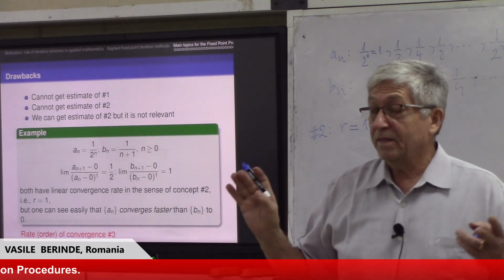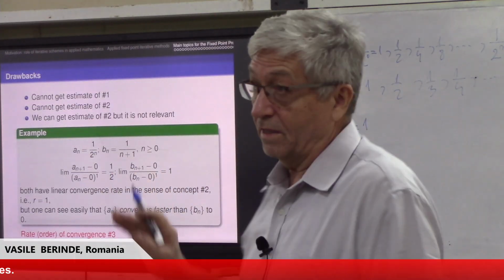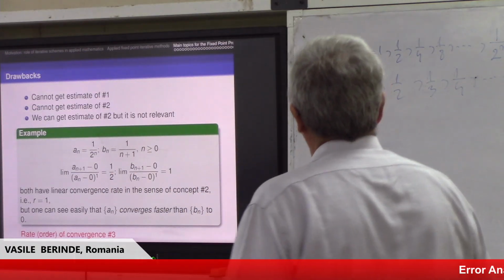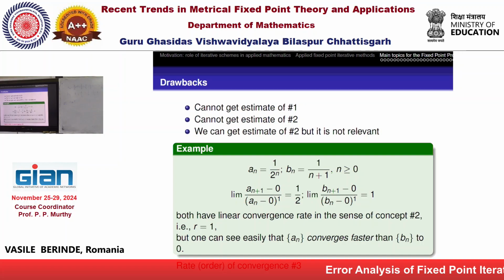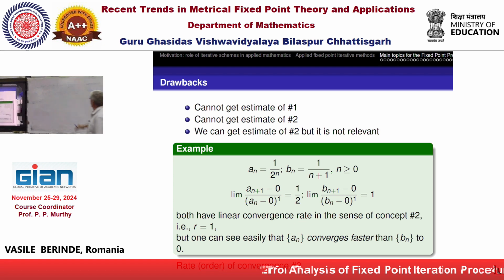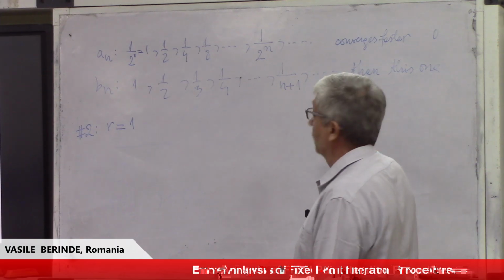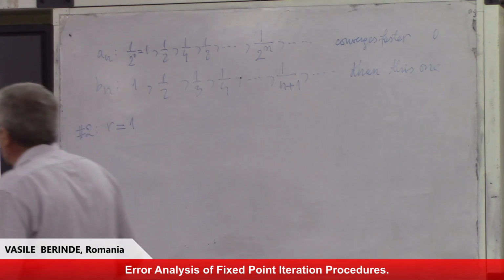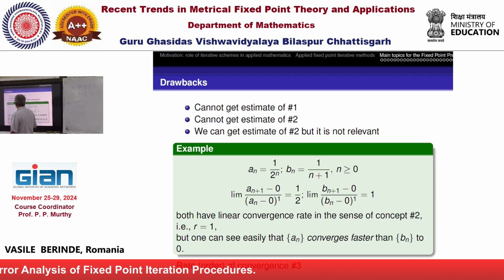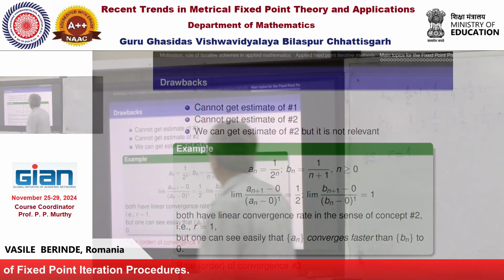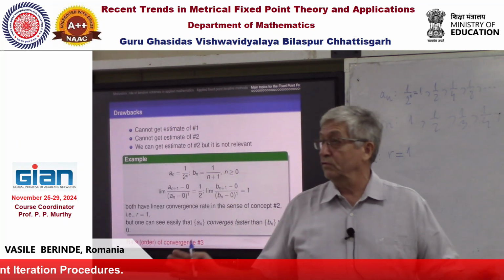But they exhibit different speed of convergence. This is clear for any child: this will go more rapidly to 0 than this one, which goes slower. What does it mean? It means that this order of convergence is not useful.